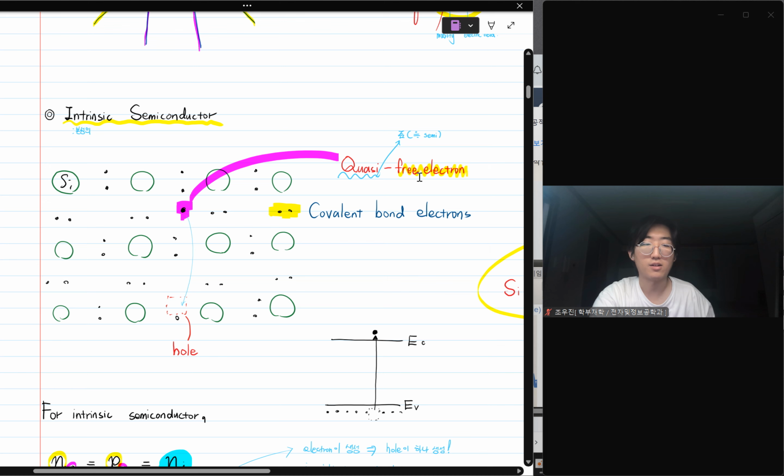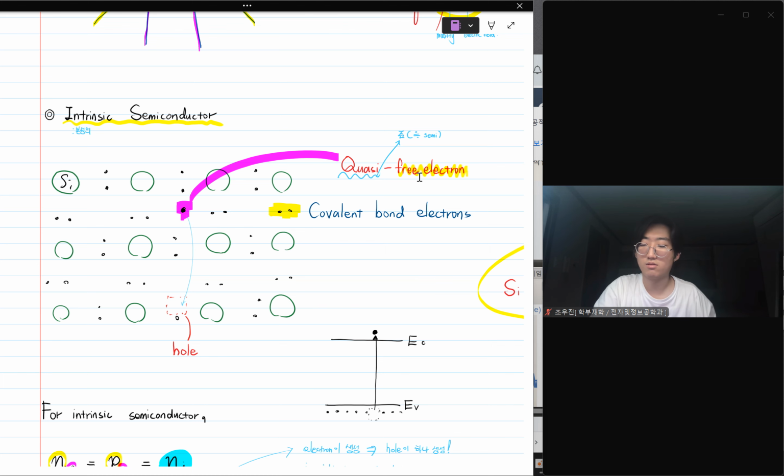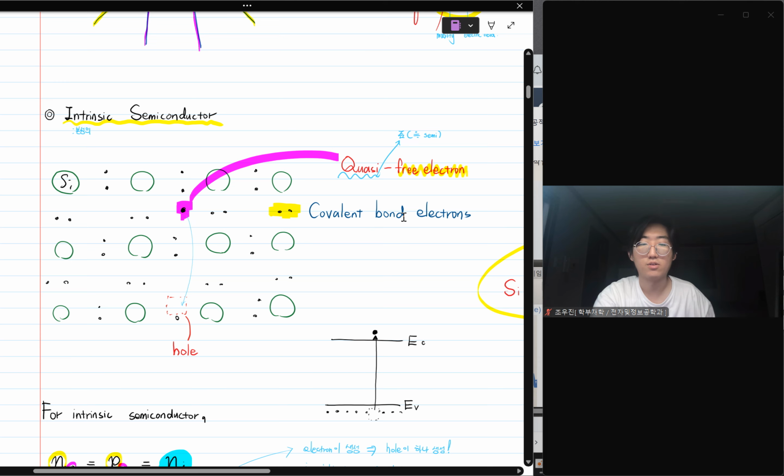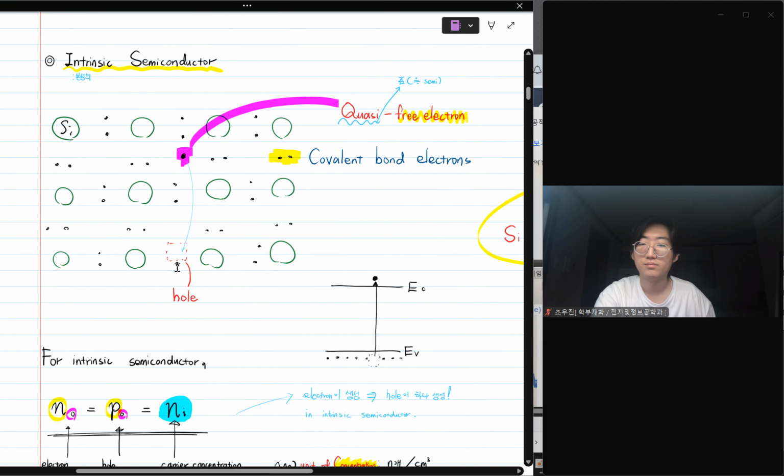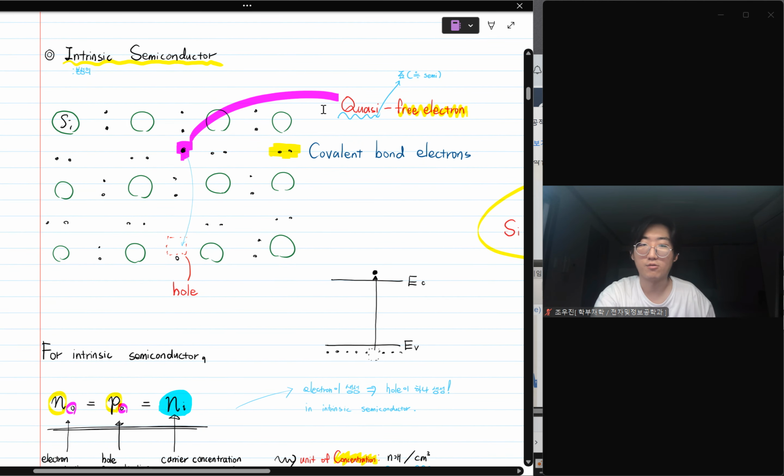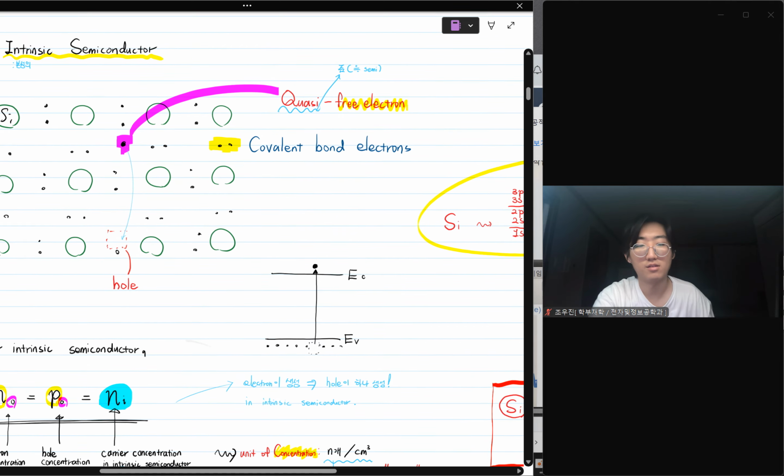Quasi means something like semi. There are covalent bond electrons, and there are holes and quasi-free electrons. They are related.